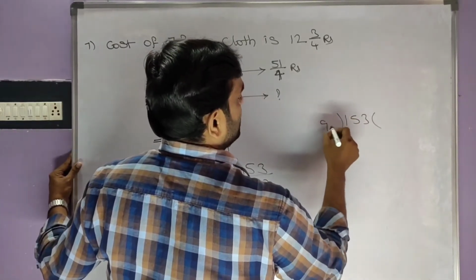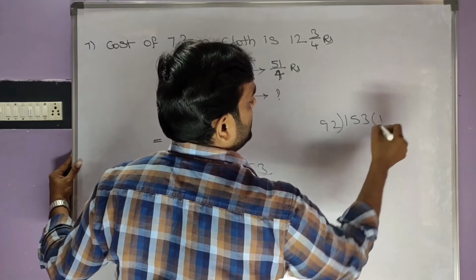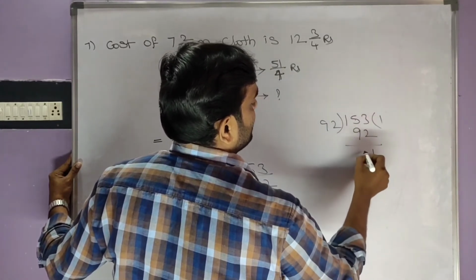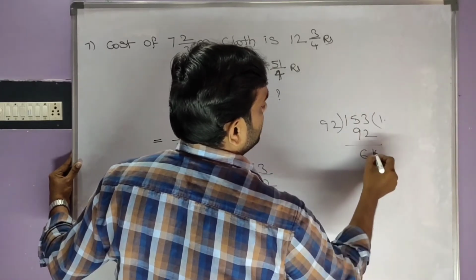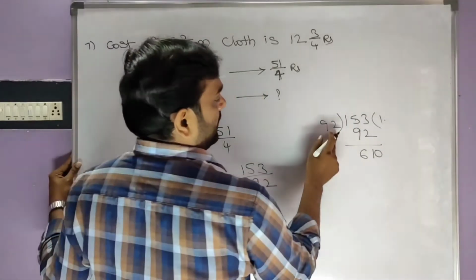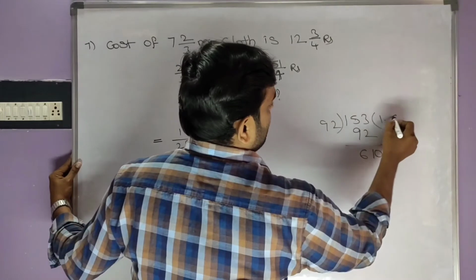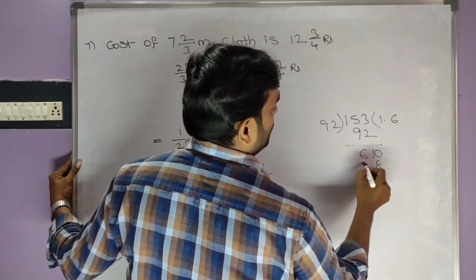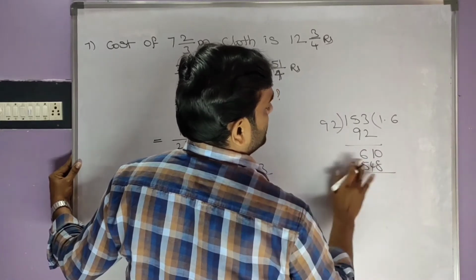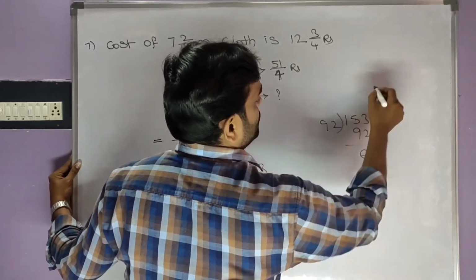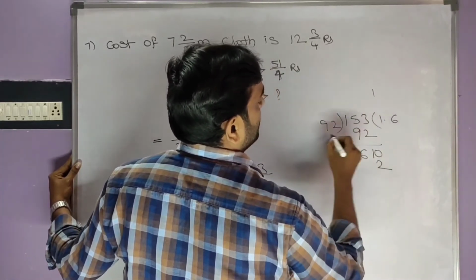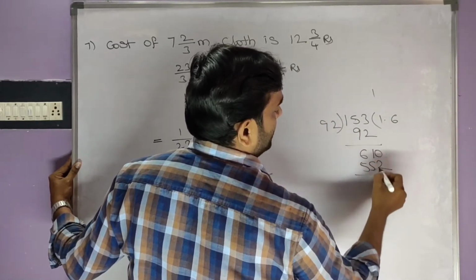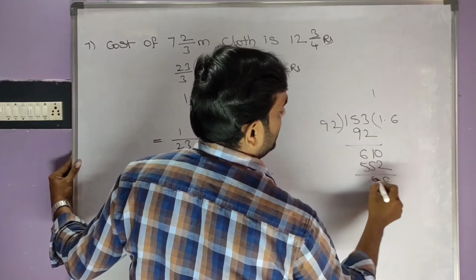Do division, 153 with 92. 92 ones are 92. 3 minus 2, 1 here, 6. If you put point here, then you will get 0. With 6, 6 twos are 12, 6 nines are 54. 54 plus 1, 55. 10 minus 2, 8, 58.